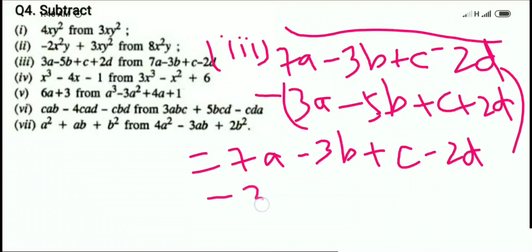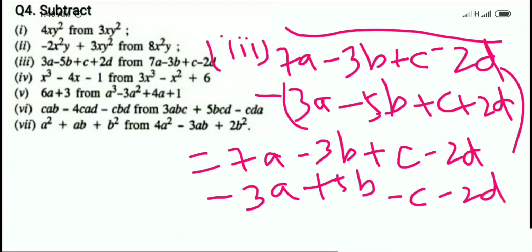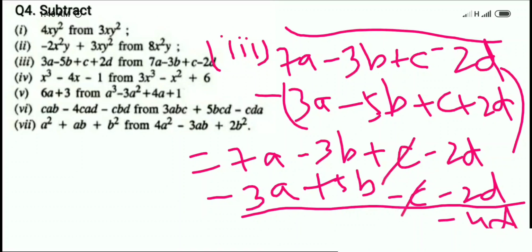Therefore, this is minus 3a plus 5b minus c minus 2d, and the answer will be minus 4d, c will cut out 0, 5 minus 3 equal to plus 2b, 7 minus 3 4a, 4a plus 2b minus 4d.